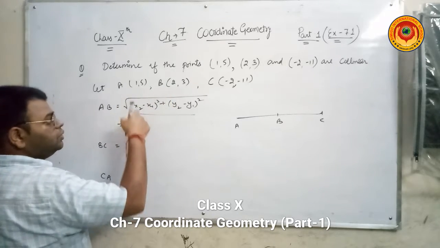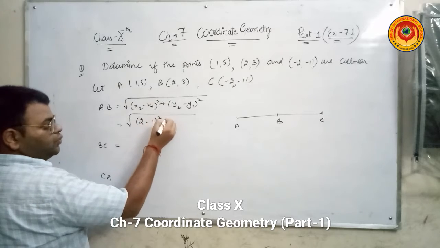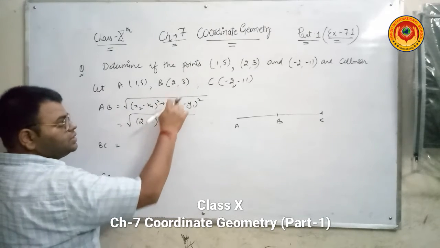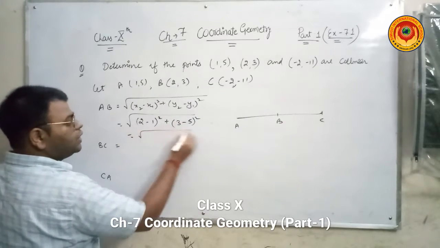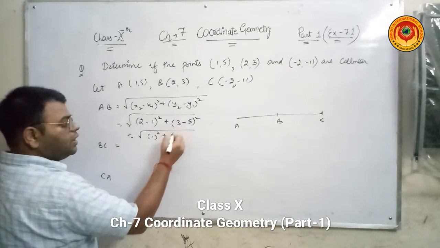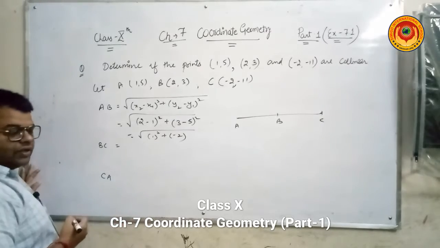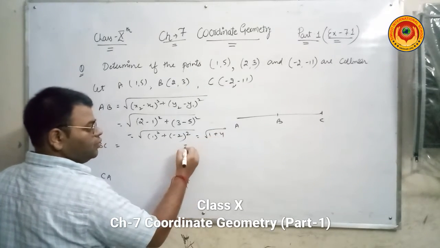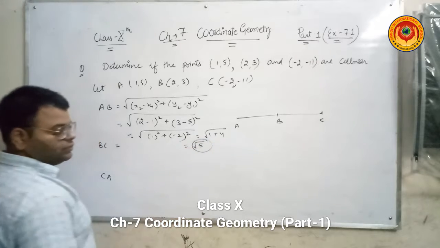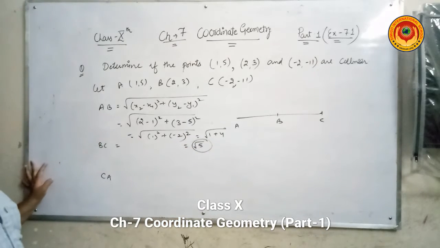The x coordinate is 2 and here x1 is 1. Here y2 is 3 and y1 is 5. So 2 minus 1, 1. 3 minus 5, minus 2. So 1 square is 1, minus 2 square is 4. So it becomes root 5. Prime factorization of 5 is not possible, only 1 and 5. So it remains as it is.